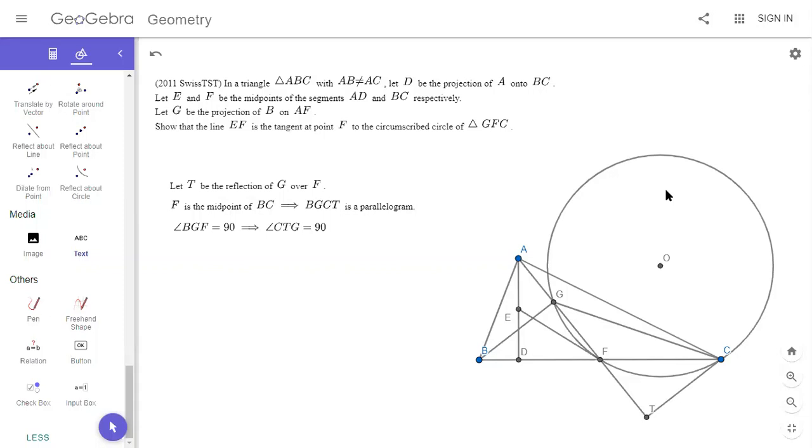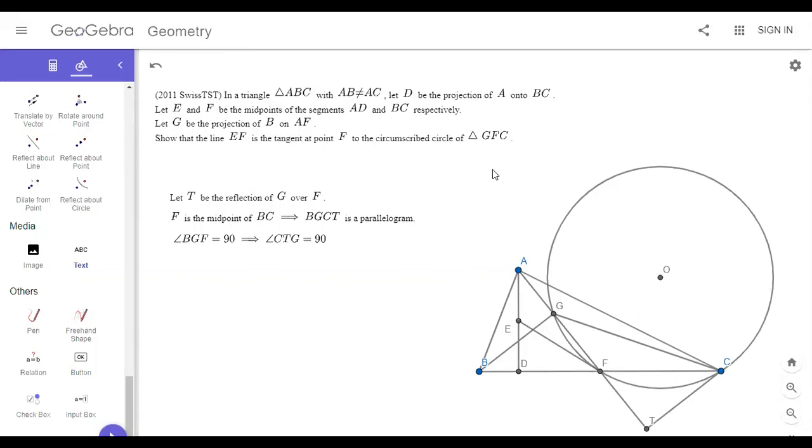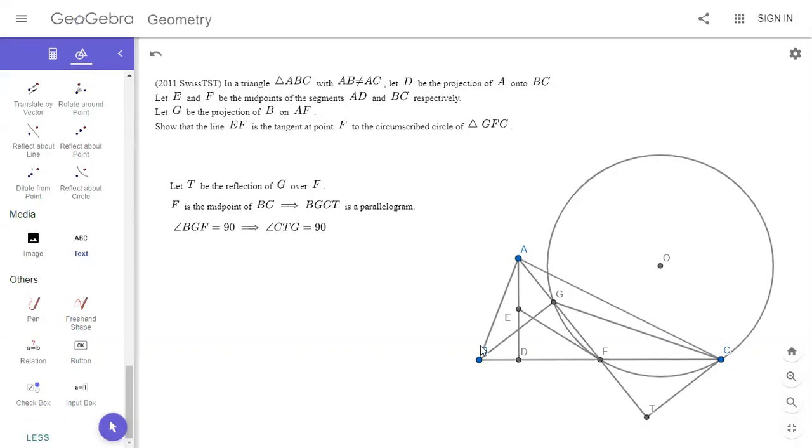So ADFE, I think you mean GCTF, right? Yeah, okay. So we have one more pair of equal angles, because, wait, we still need one more pair of equal angles, right?